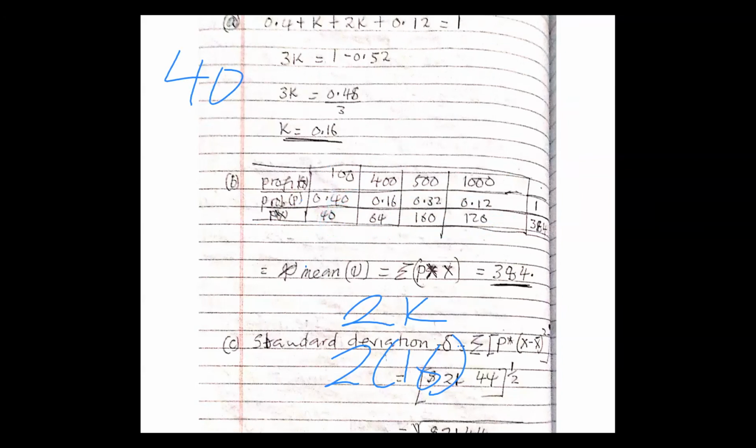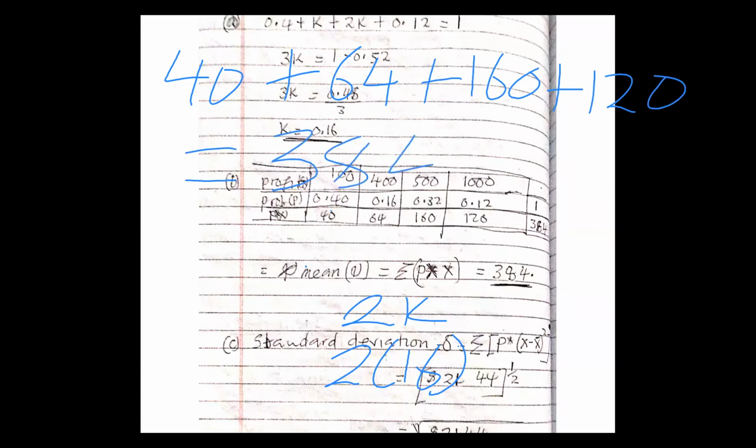You say 0.4 times 100, that gives you 40, plus 0.16, where there was K, times 400 gives us 64, plus 0.32 times 500 gives us 160, plus 0.12 times 1,000 gives us 120. The total or the sum of this is what is called the expected value. Is that clear?